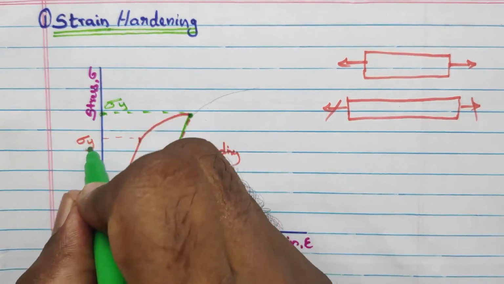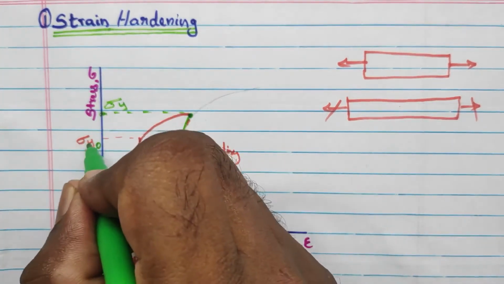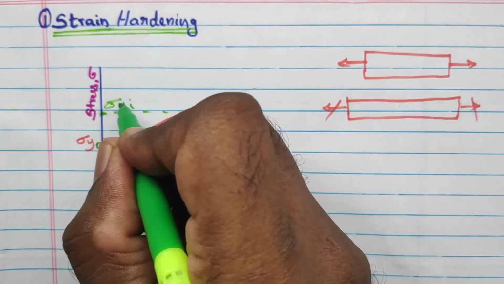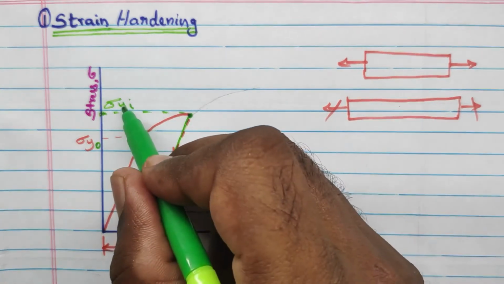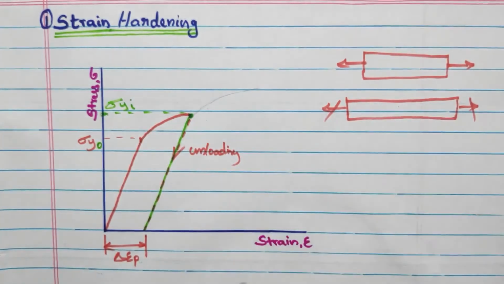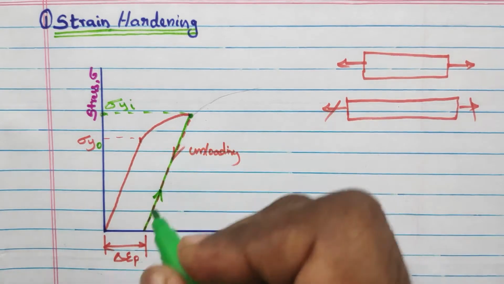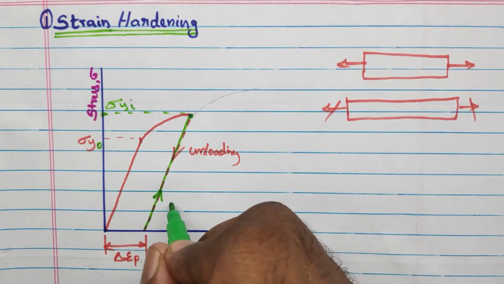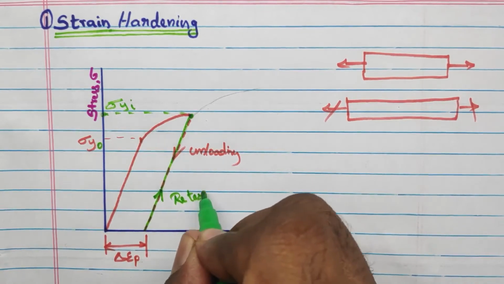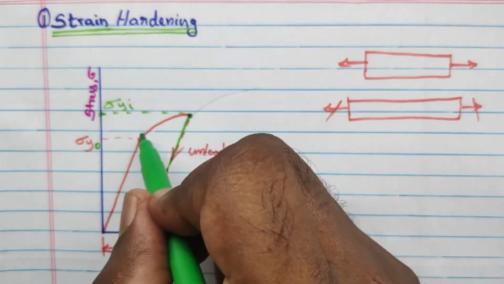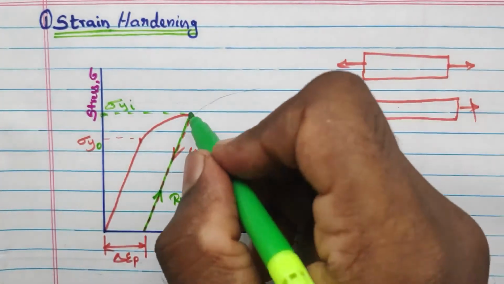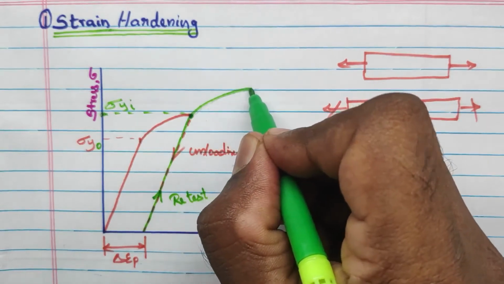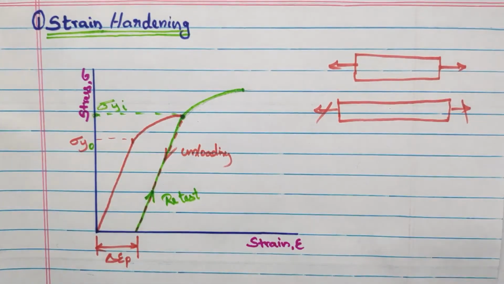Here is the yield stress. This is the initial one, so I name it sigma y naught, and this one, obtained when the retest is done, I differentiate as sigma yi. While retesting, it takes the linear path, then the plastic deformation in the retest. But the interesting fact is that the yield stress is increased compared to the previous one. It follows the curve with the plastic deformation.